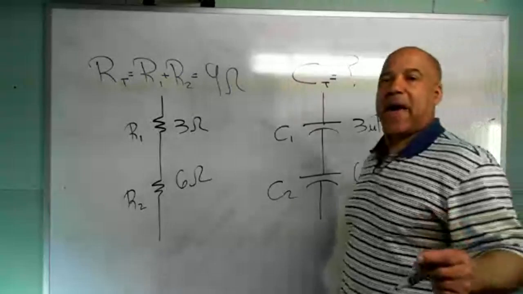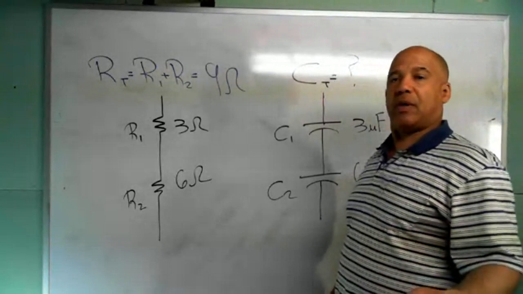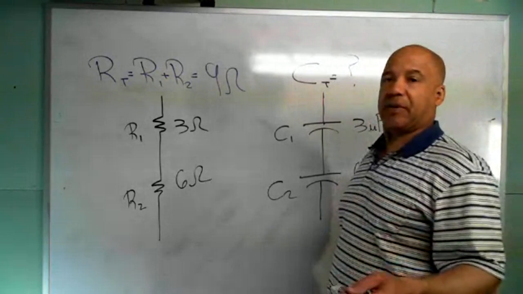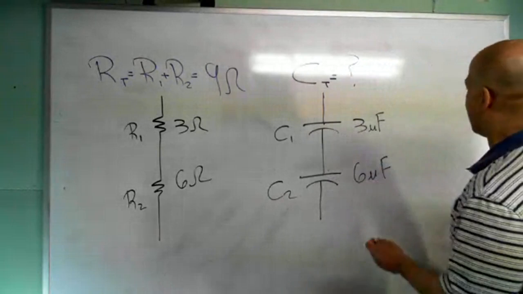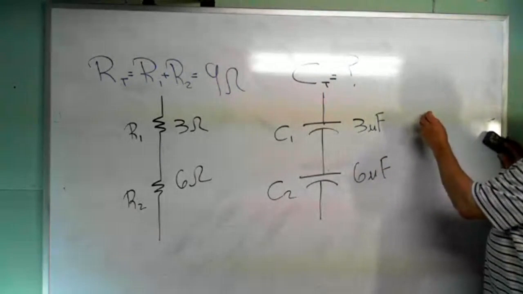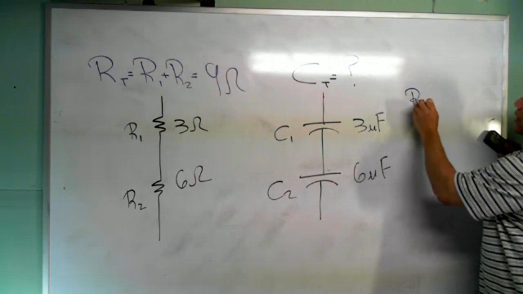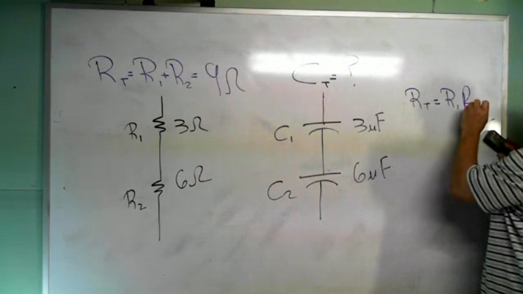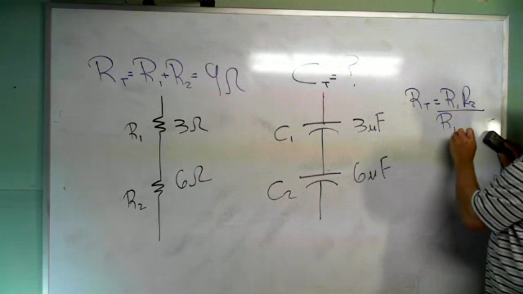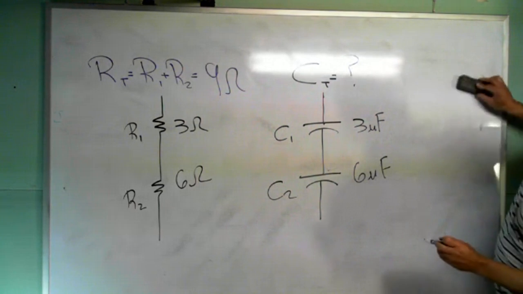Well, capacitors in series act like resistors in parallel. Capacitors in series act like resistors in parallel. So in this case, when they're hooked up in series, that's when I want to use the product over the sum rule. With resistors, it was the total resistance equals R1 times R2 over R1 plus R2. We're going to change the R's to C's.